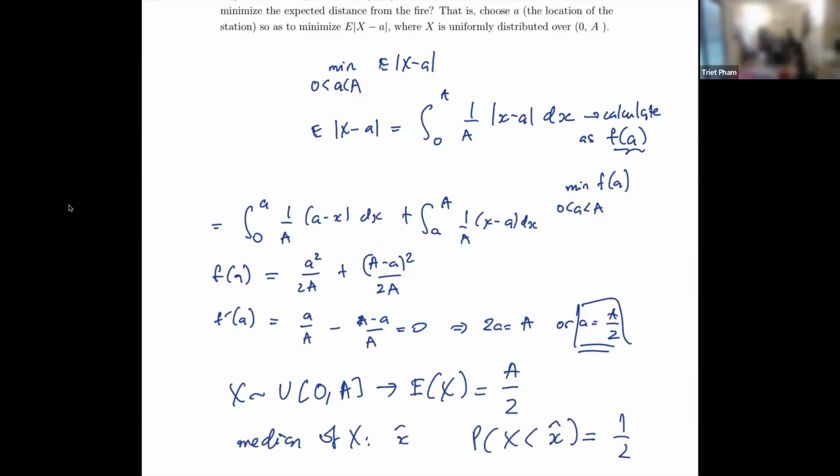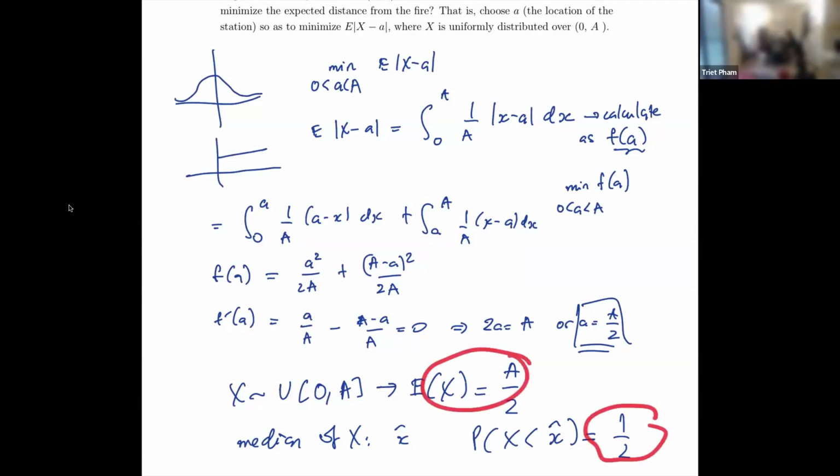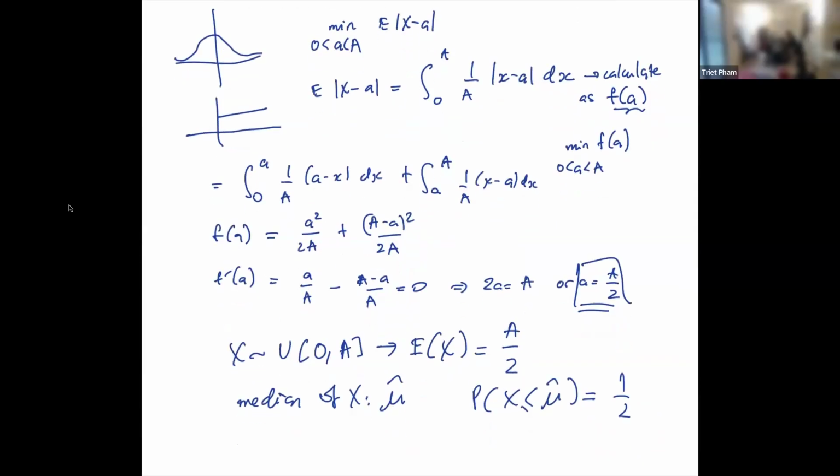Now, for a symmetric distribution, something that looks like the normal, for example, or uniform, then the mean and the median, I remember the notation I want is mu hat, are the same. So for a symmetric distribution, the mean and median are the same.